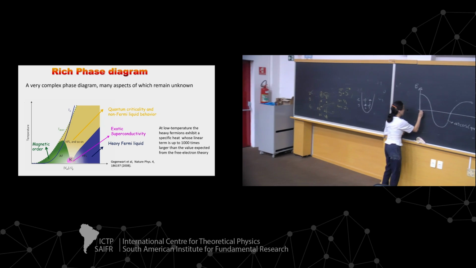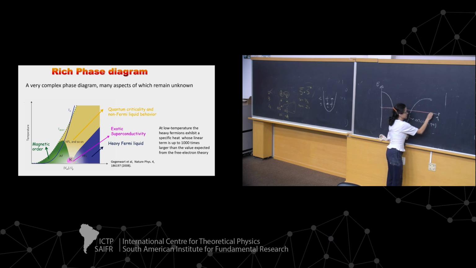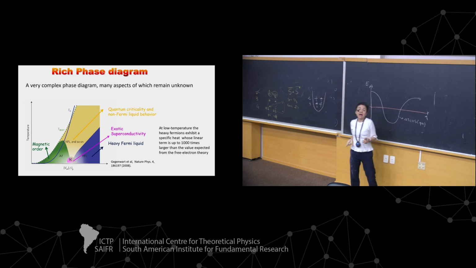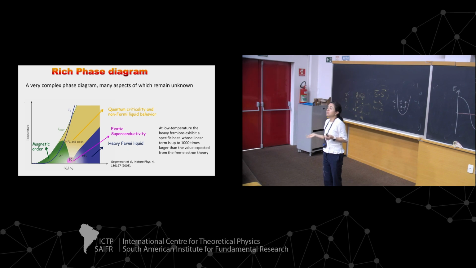So these are my localized particles. And what happens is that there is an additional term, the interactions, and the interactions always act when there is degeneracy. If two particles have very similar energy, the interactions couple them. It's an avoided crossing.